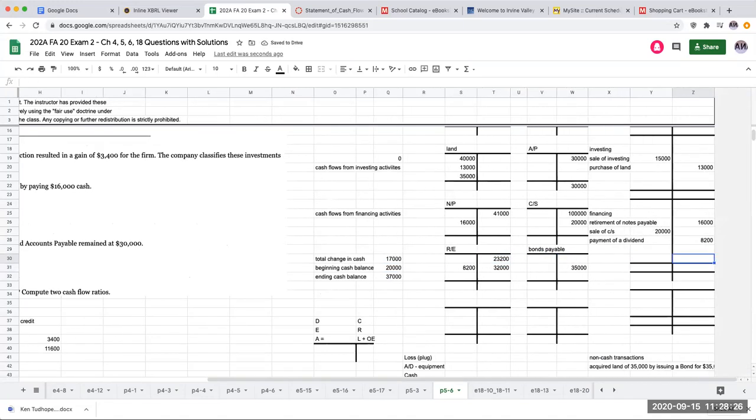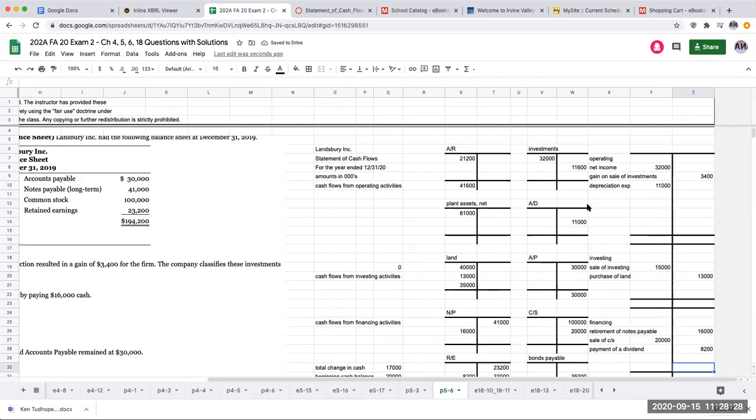To finish this up, when I look at accounts receivable, to balance this out I'm going to need a debit of 20,400. I do the opposite to cash. I'm going to call this an increase in accounts receivable.